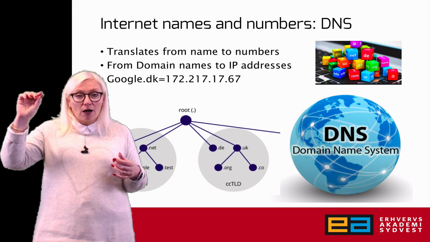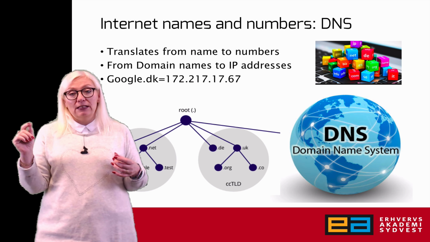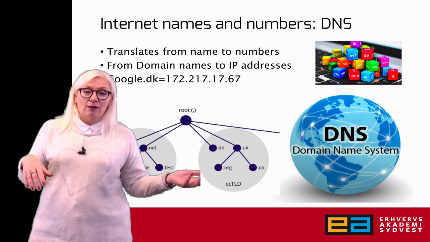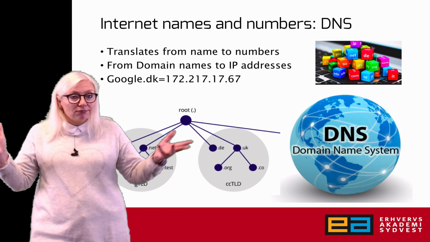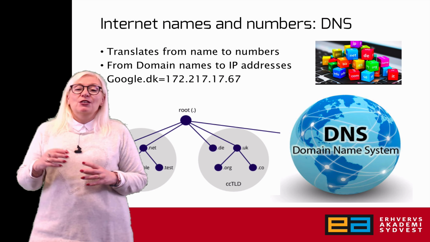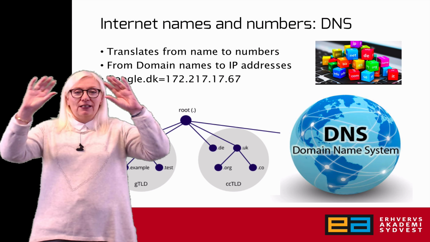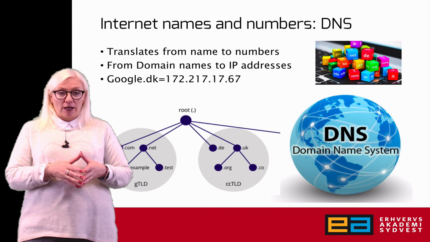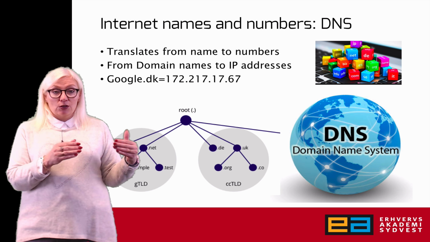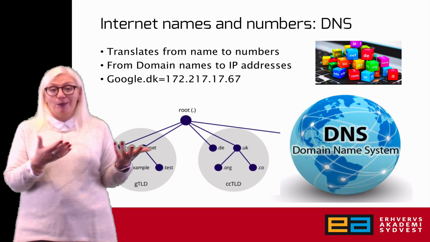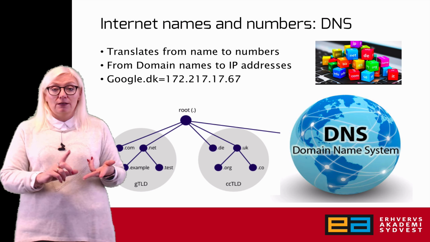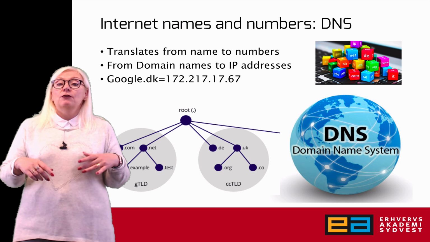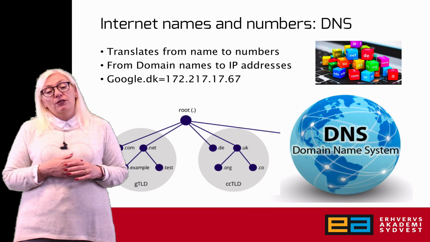We know the .com domains, we know the .dk domains, we know the .gov, and so on. So all these domains are put into a hierarchy with two different types. We have the generic domains, which are the ones from the very beginning of the internet: .com, .edu, .mil, .org, and all these other generic domains.